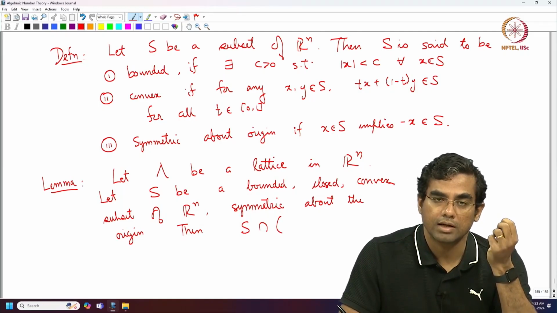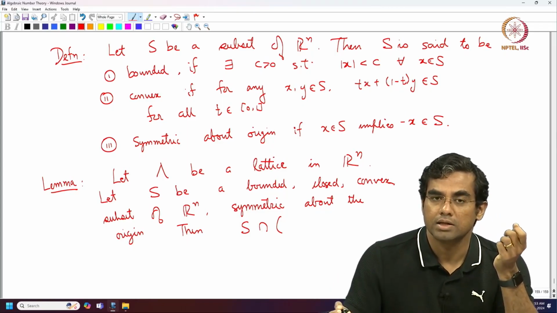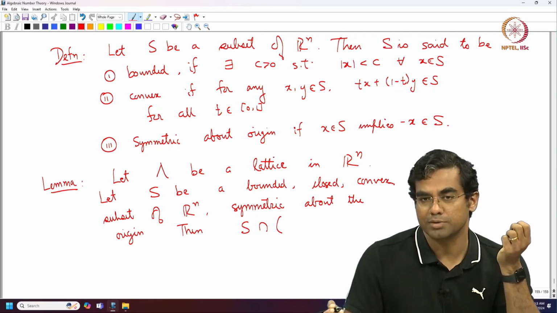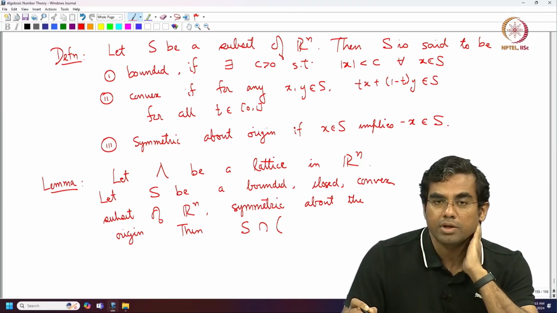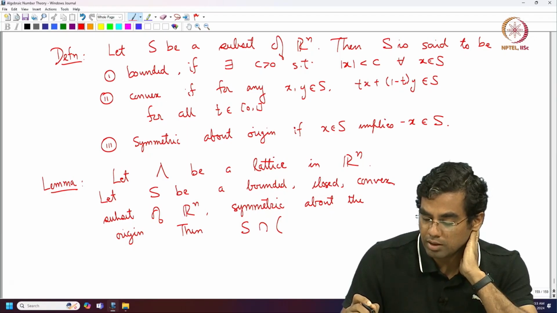So, if S contains a point x, then it will contain the point minus x, and hence it will contain the point 0, because 0 is half of x plus half of minus x, for example. So, the origin will always be in the set S as long as S is non-empty.